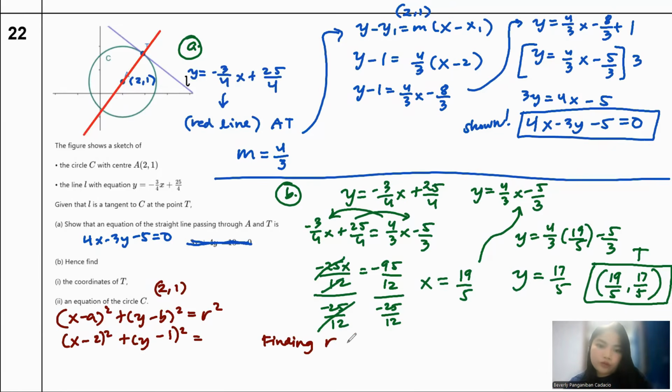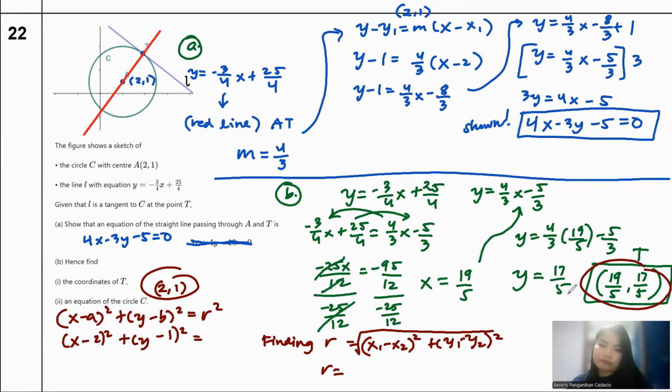So what you're going to do is x1 minus x2 squared plus y1 minus y2 squared, then square root. But what are the 2 points? The center and this T. You get it? So I can just put the center, which is this and this one.